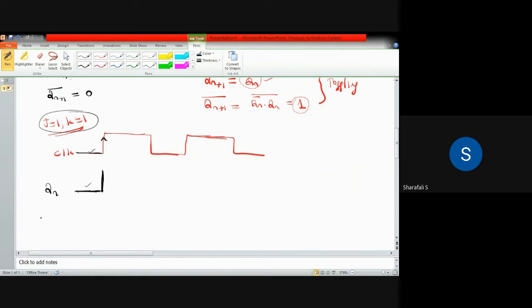Because of the toggling condition, my state will go to state 1, and then it will remain there. When my clock is 0, the output will remain as it is.